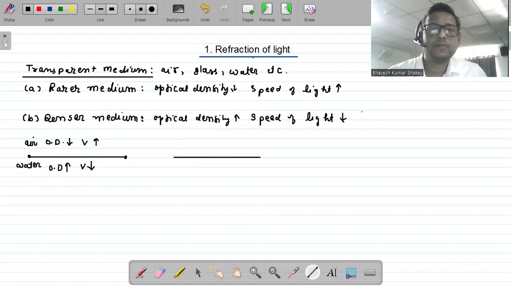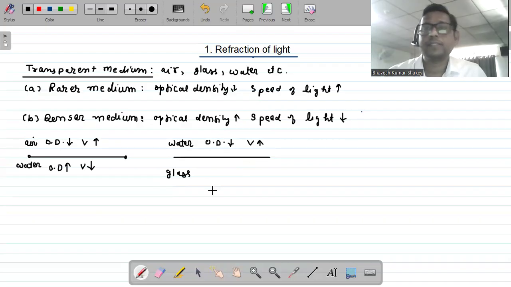Now let's take another interface, an interface of water and glass. Let's say there is water, the first medium, and the second medium is glass. If I compare both these media, optical density of water is less as compared to glass, so the speed of light will be more in water as compared to glass.